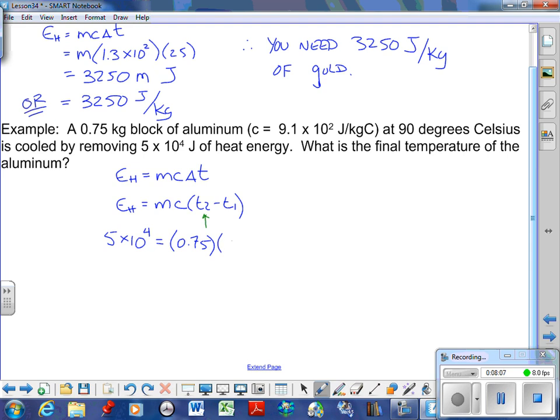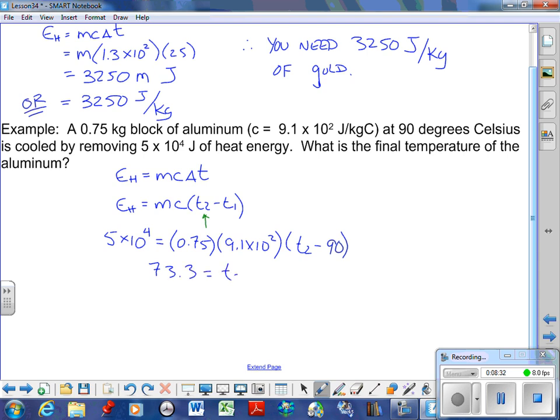So 9.1 times 10 squared multiplied by T2 minus 90. Now it's just math from this point. Isolating, I'm going to divide 5 times 10 to the 4 by the 0.75 times 9.1 times 10 squared.